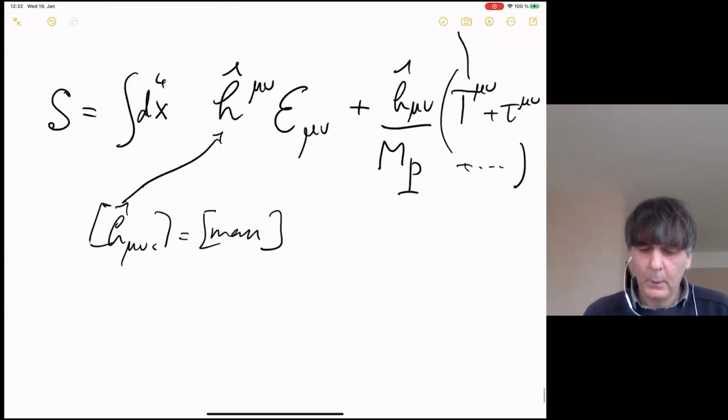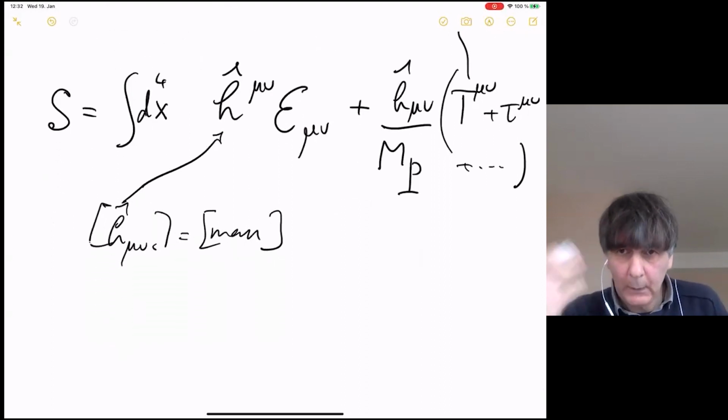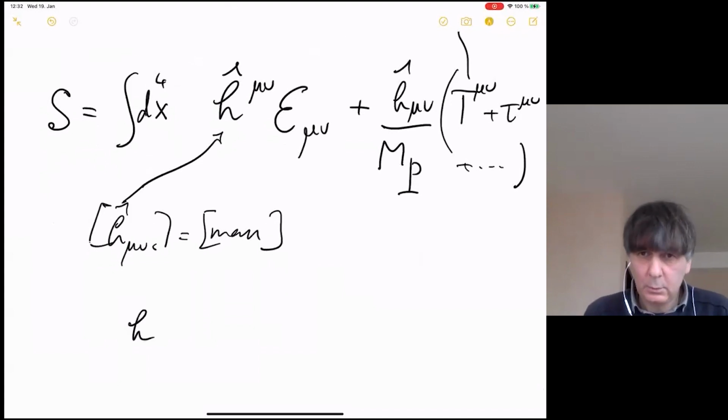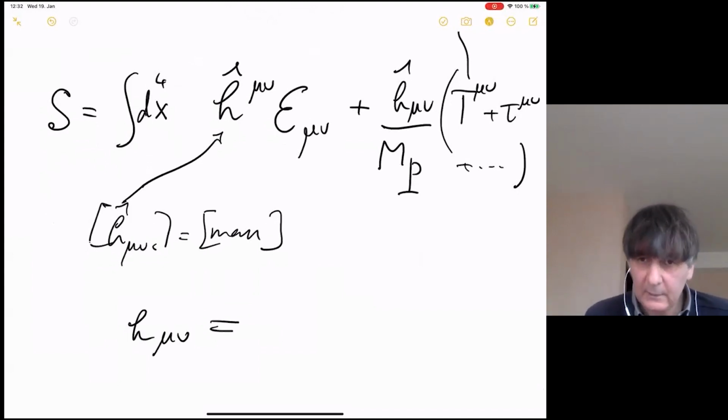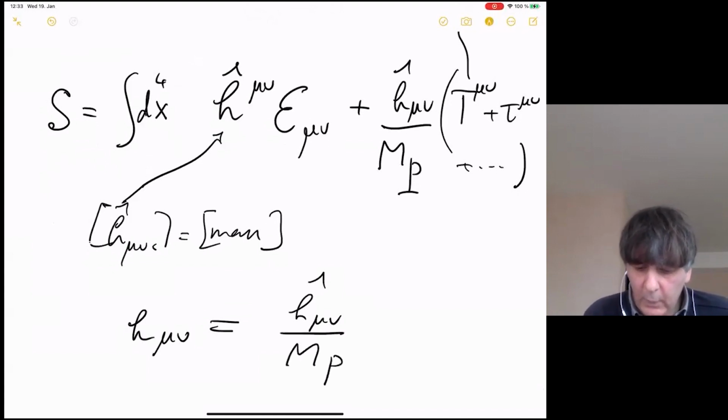To remember, the classical metric perturbation, the dimensionless metric perturbation, translates in terms of a canonically normalized graviton field, or its expectation value, through 1 over m Planck. Of course, the expectation value of the graviton field has the same dimensionality as the graviton field.